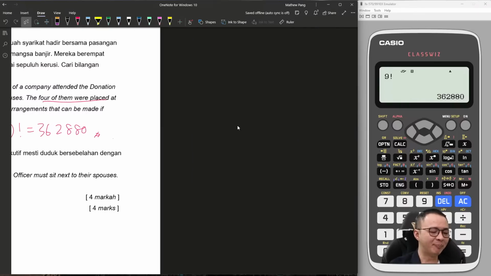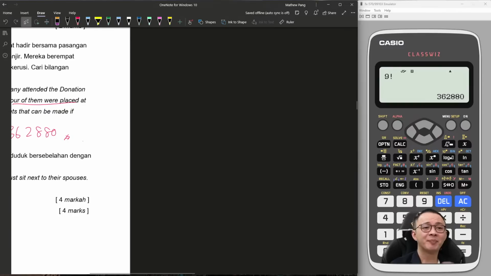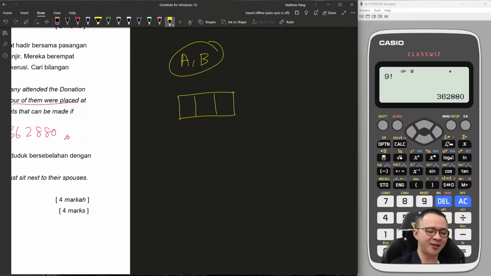Let me give you an example to make more sense. Let's say right now I have 2 letters, A and B, and I have 3 places to arrange A and B. Some students might say, if I arrange A, B in the 3 places, is it 3P2?